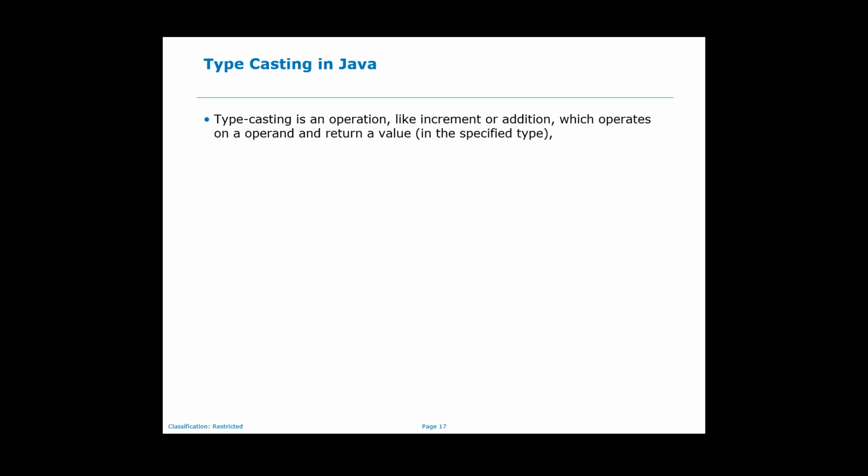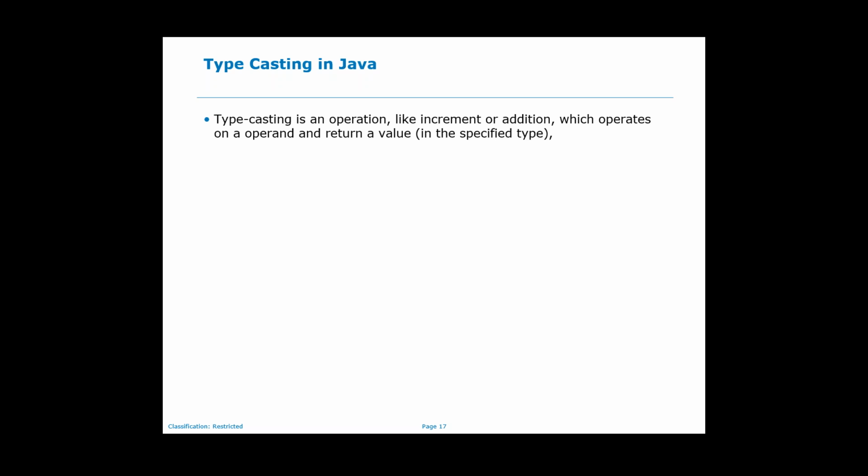Yeah, go ahead. My question is, are a double and a float the same thing? No. The double has more storage compared to float. Float is a 32-bit type, and double is a 64-bit one.